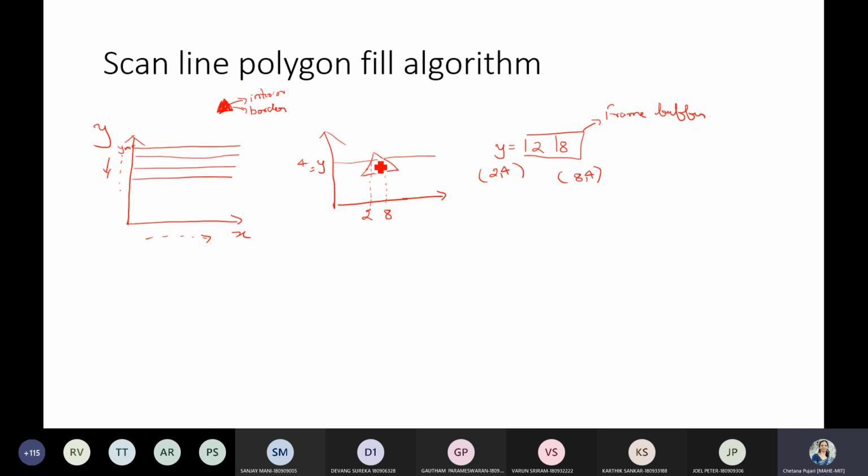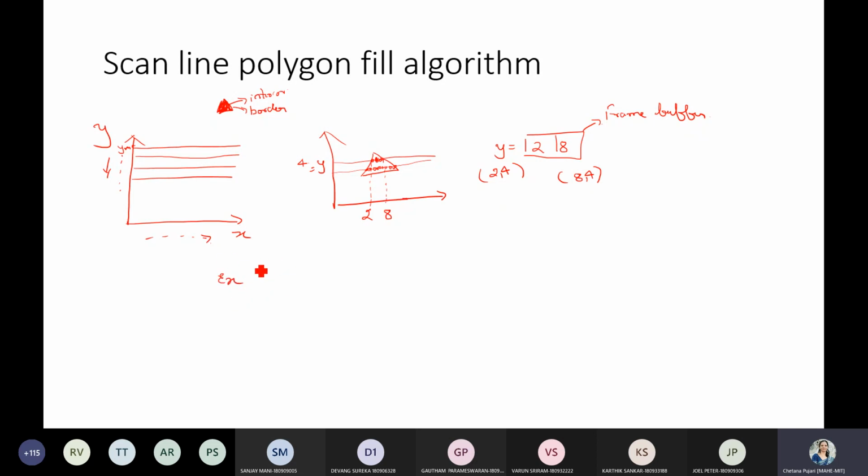All the pixels between 2, 4 and 8, 4, all the pixels here will be colored. Again you will go to the next scan line, identify the points, then you're going to color all the pixel values. So this is the concept used in the scan line algorithm.